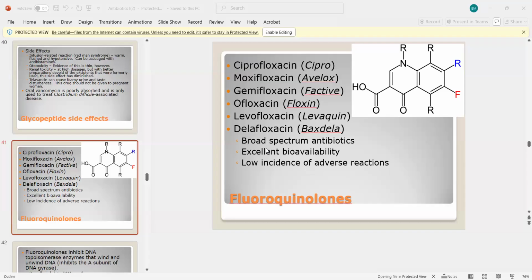The penicillins include the natural penicillins, the aminopenicillins, the anti-staphylococcal penicillins, and the anti-pseudomonal penicillins. There are the cephalosporins, first through fifth generation. The carbapenems, the monobactams, and the glycopeptides. So out of those groups, which ones are the broadest spectrum?